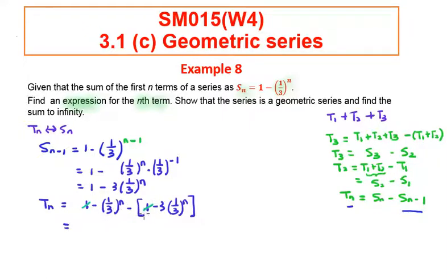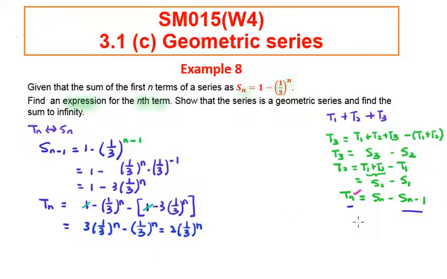Minus times minus is plus, so we have 3 times 1/3 to the n minus 1/3 raised to power n, which is equal to 2 times 1/3 raised to power n. Now, we already have Tn.